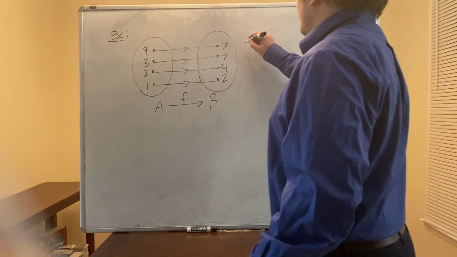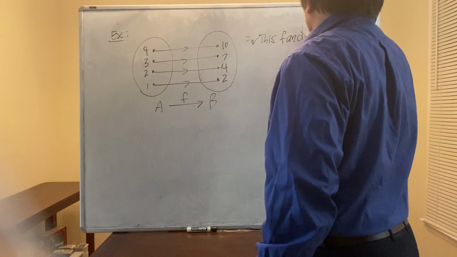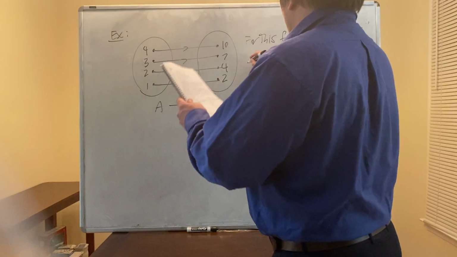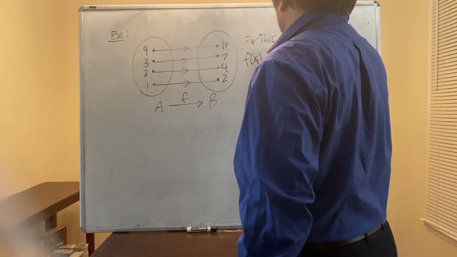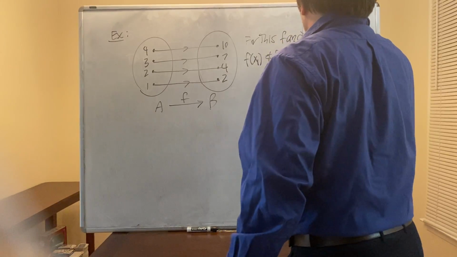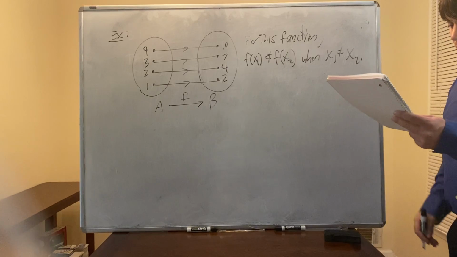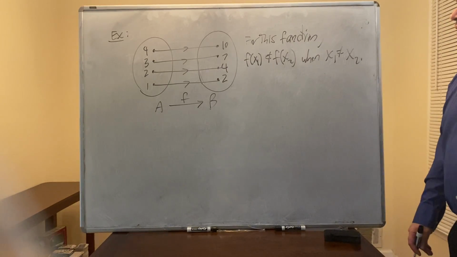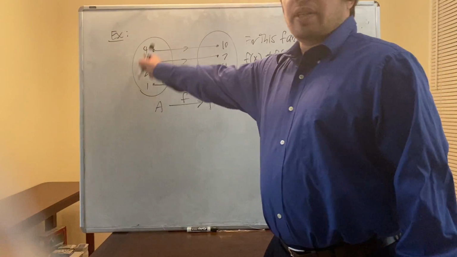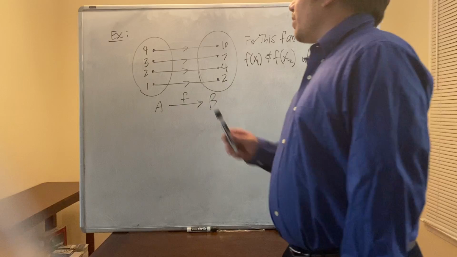Okay, so for this function, f of x1 does not equal f of x2 when x1 does not equal x2. When you take two different inputs of this function, the outputs are different.